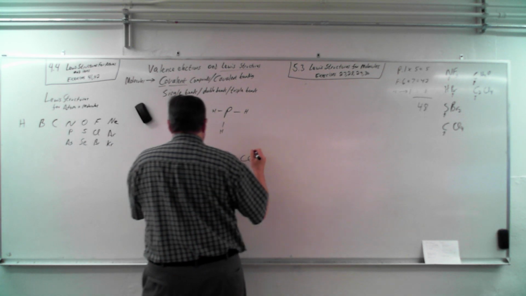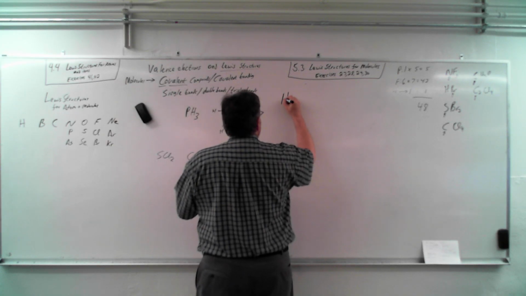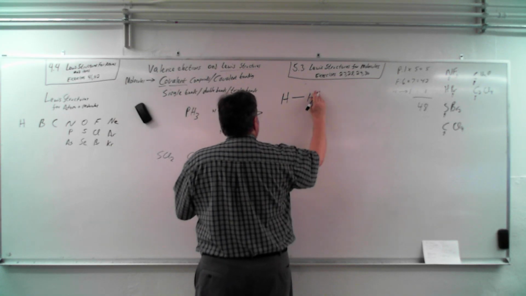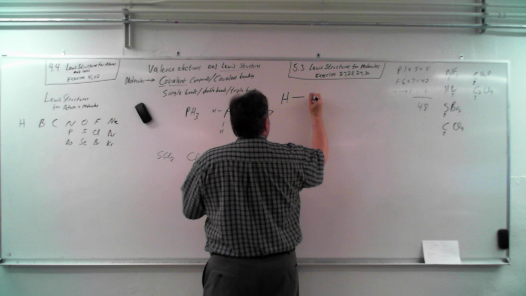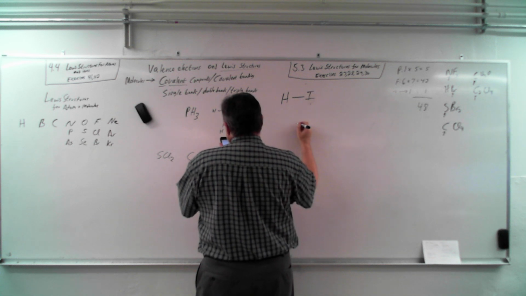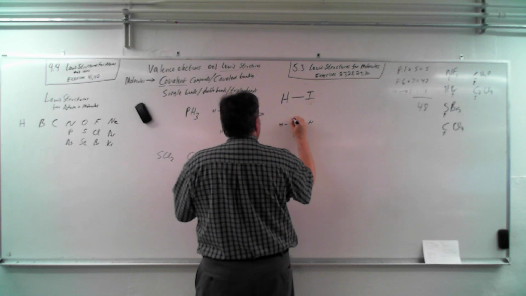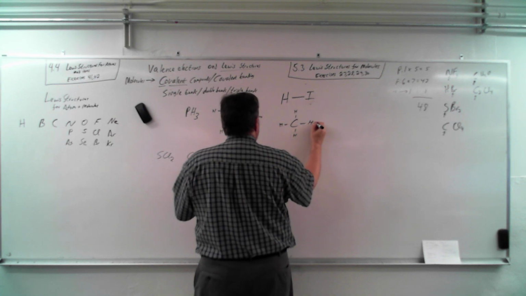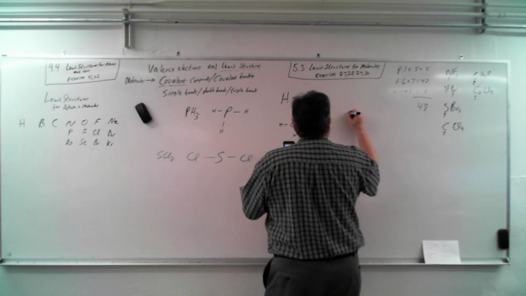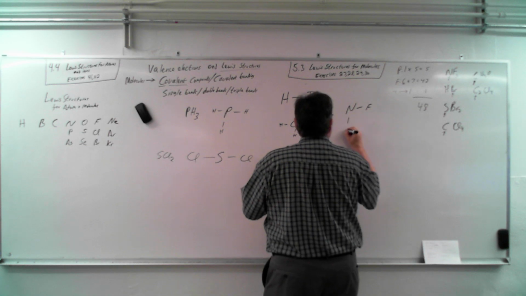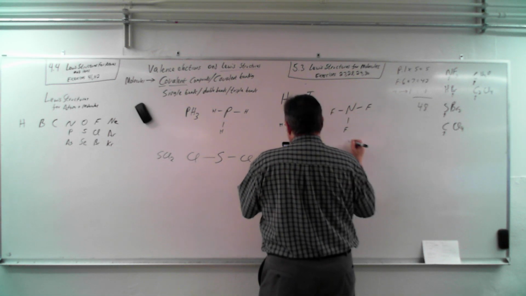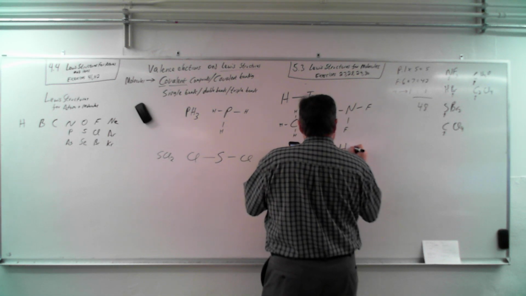SCO2, there's the backbone. HI is just going to be HI. There's the backbone for HI. CH4, start with that for your backbone. NF3, there's your backbone for NF3.